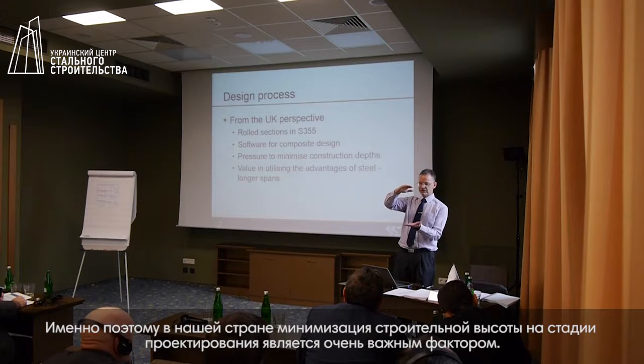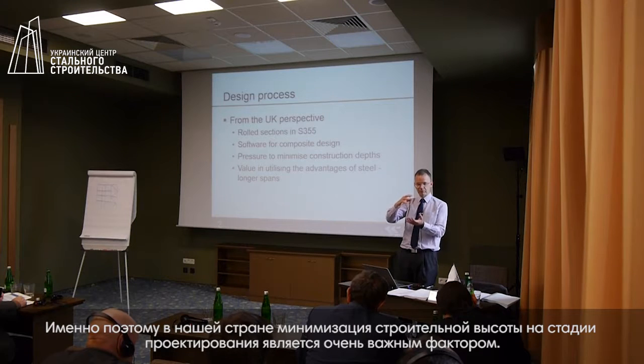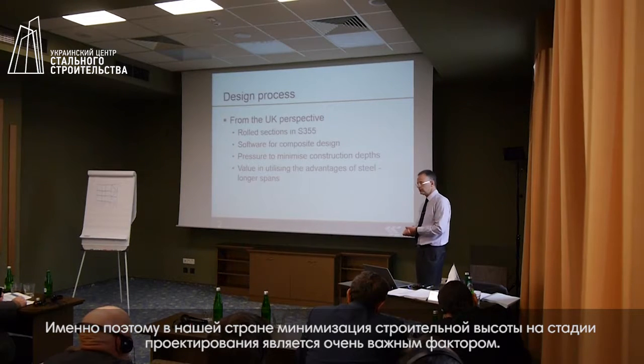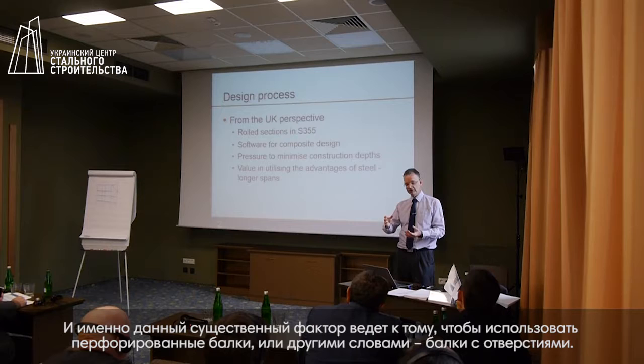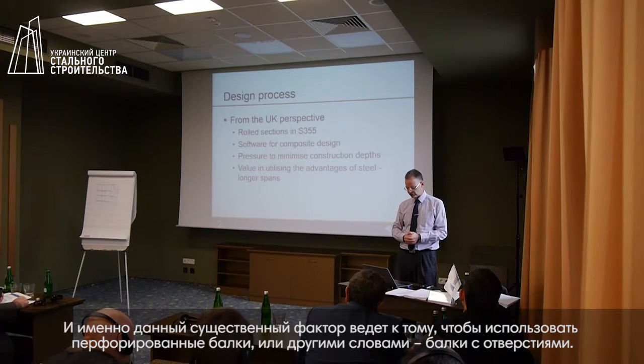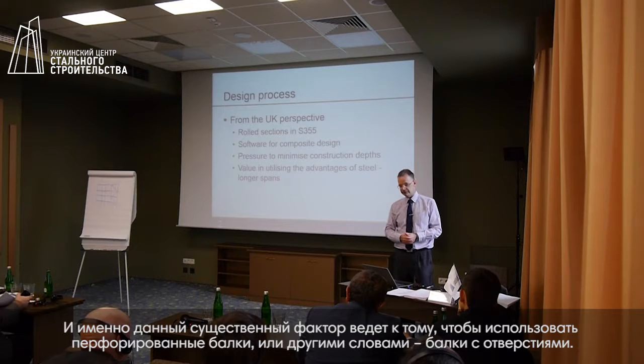So to keep the ceiling to the carpet level to a minimum will be a very important driver for us in the UK. And that will lead us towards beams with openings in. Maybe the cellular beams that we saw yesterday, or the plate girders.